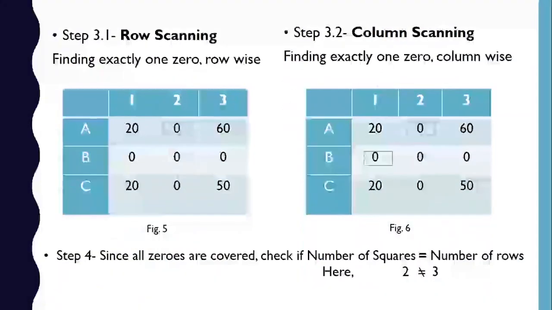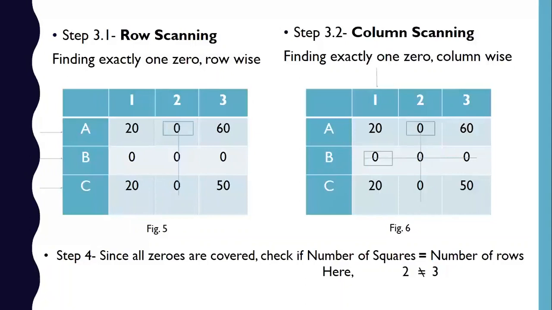After this, we move on to step 3.1, which is row scanning. First we go to row A and find if there is exactly 1 zero present. We can see that yes, there is 1 zero present, at A2. We mark a box around that particular zero and strike off that entire column.